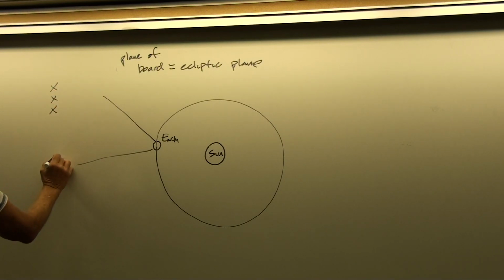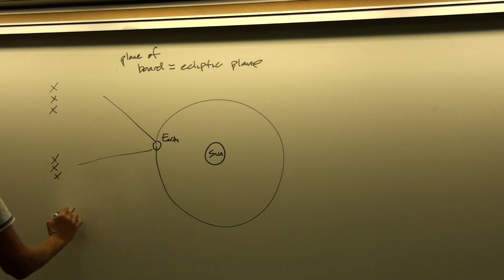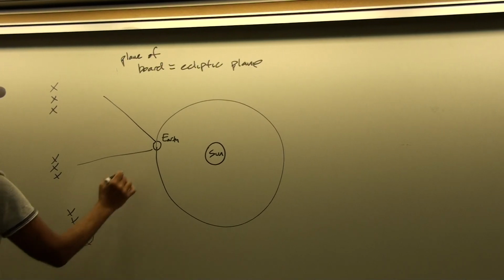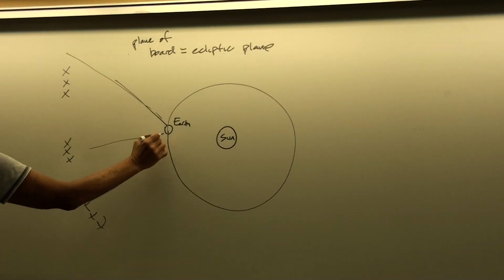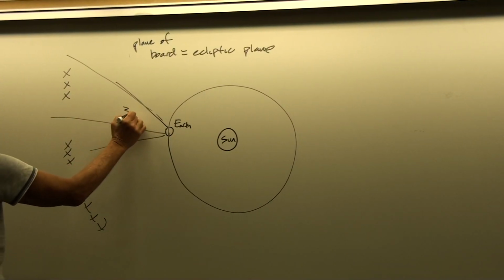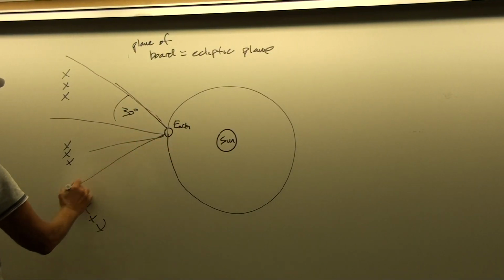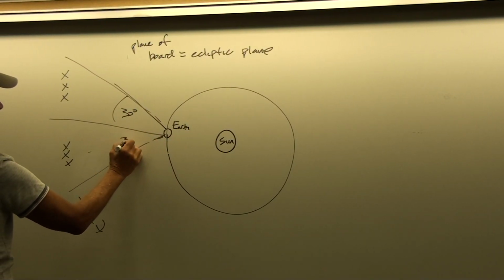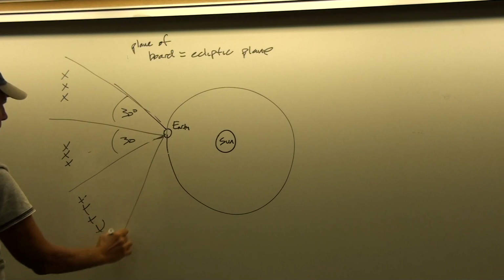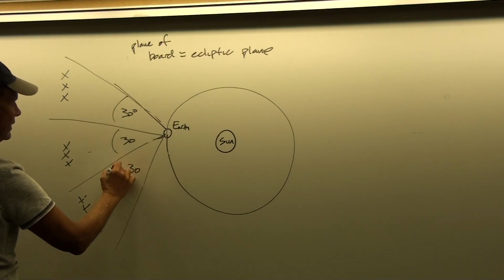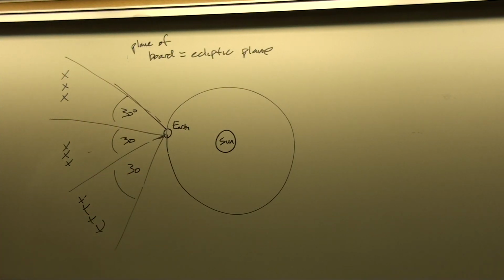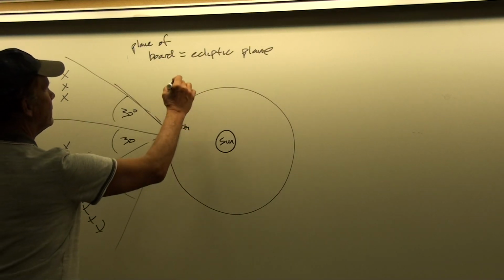So here'd be one, here'd be another, here'd be another. And so these zodiac constellations tend to be about 30 degrees apart. Each zodiac constellation marks out an approximately 30-degree increment, or 1/12 of the 360 degrees of the ecliptic plane.